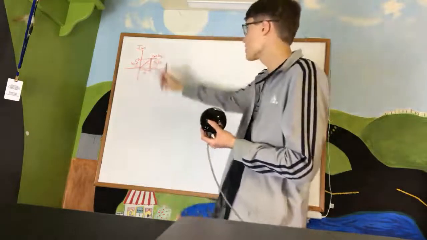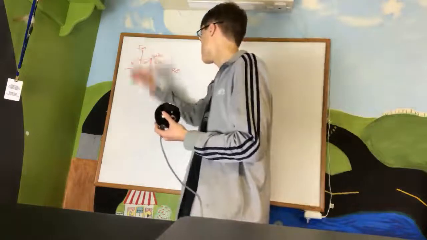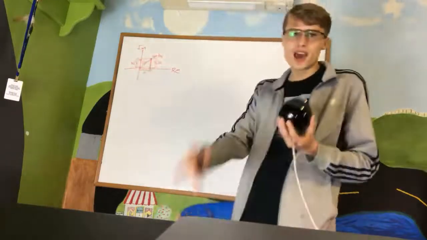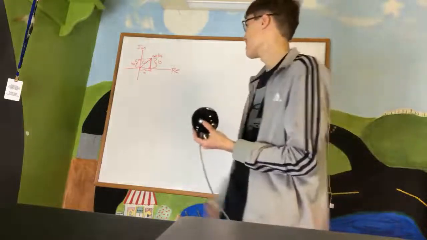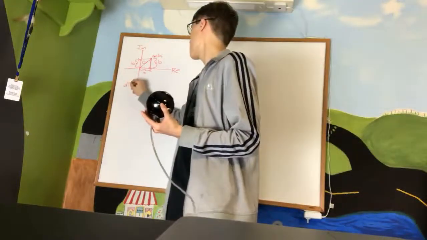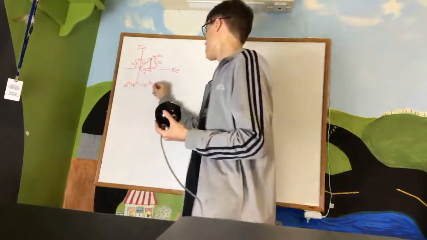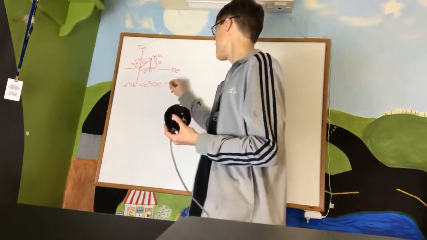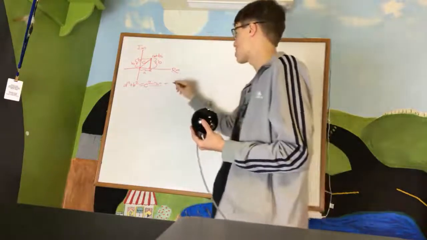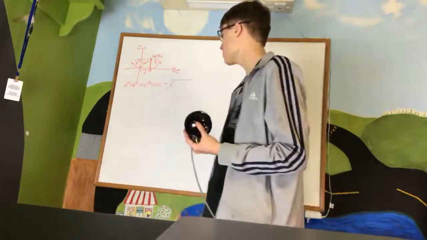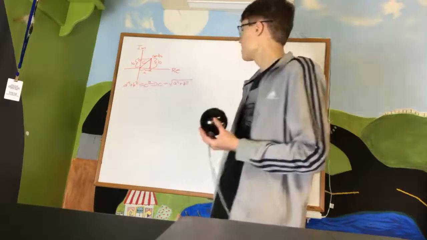So we have two legs of the right triangle, and we want to find the hypotenuse, which is, you guessed it, Pythagorean Theorem. So a squared plus b squared equals c squared, which means that c is plus or minus, but it can't be negative, so it's just the positive square root of a squared plus b squared.